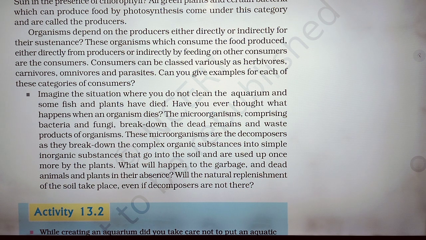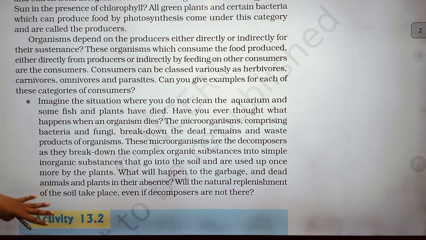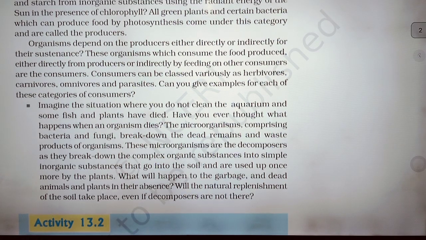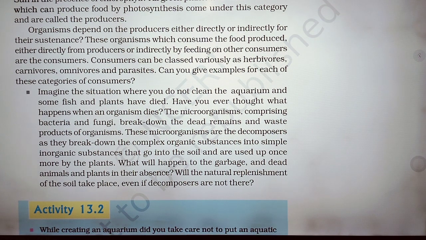Lion, tiger, and many more are examples of carnivorous. In omnivorous, we all come in omnivorous, and bear. Many more are examples of omnivorous. And parasites like lice and mosquito.